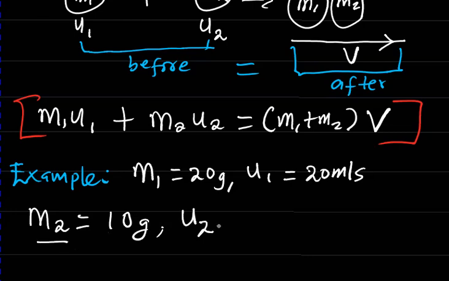So the initial velocity of the second ball is 0 because it's at rest. The question is, calculate their final velocity after their collision.